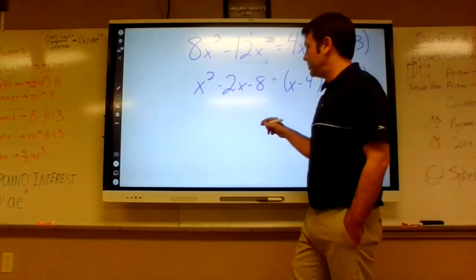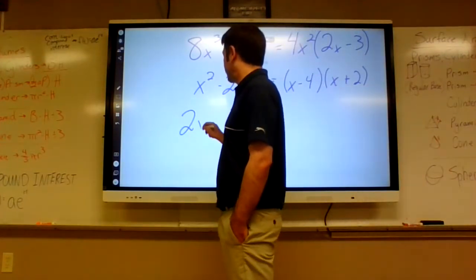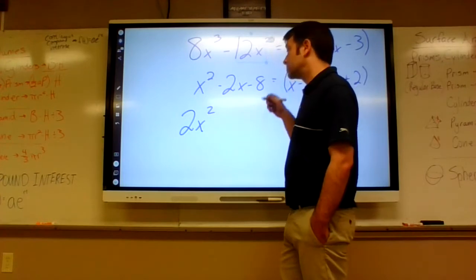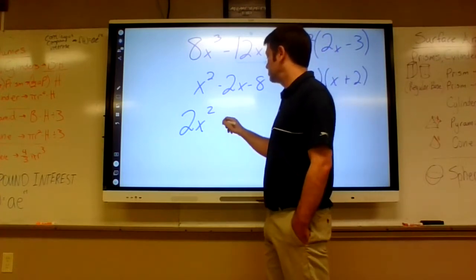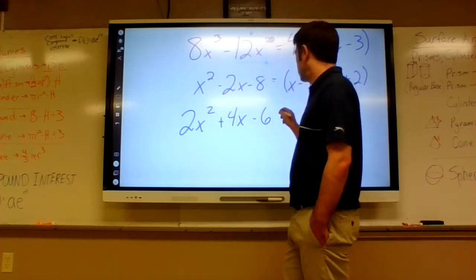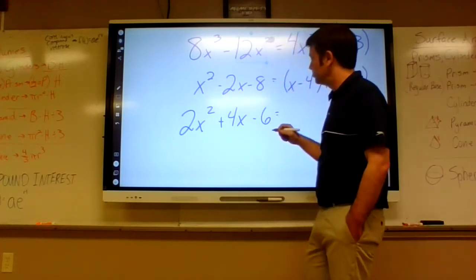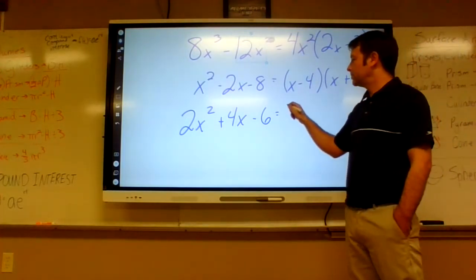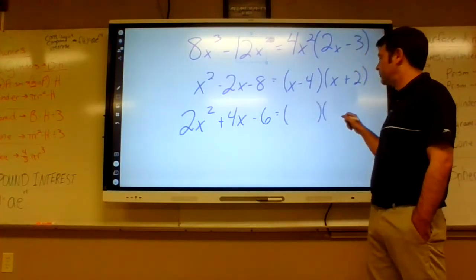Then yesterday we did some problems. See if I can make one of these up in my head. Okay, what do we do when there's a number on the front?